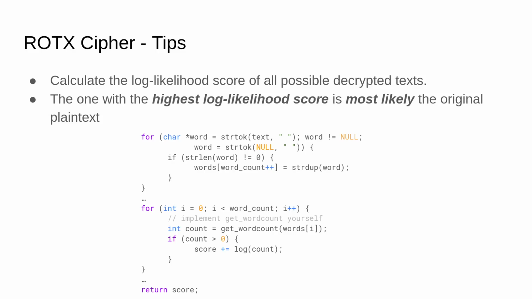I'm kind of confused as to why we can't just find the maximum word count. Yeah, you can do that, but this is a slightly better scoring function. Because if you use plain word count for a substitution cipher, then it doesn't work as great compared to this log likelihood criterion.